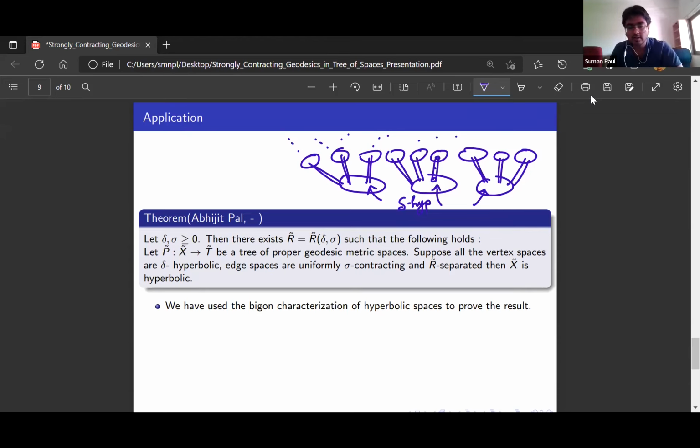I'm not going into the technical details, and they are uniformly separated. So that means this H space and this H space, the distance between them is R tilde.